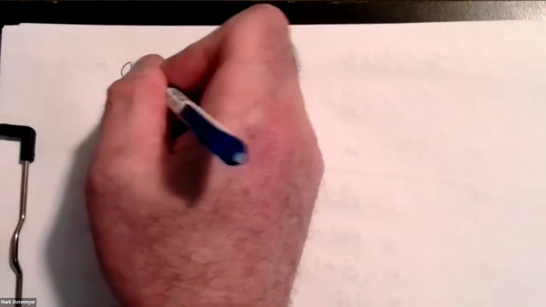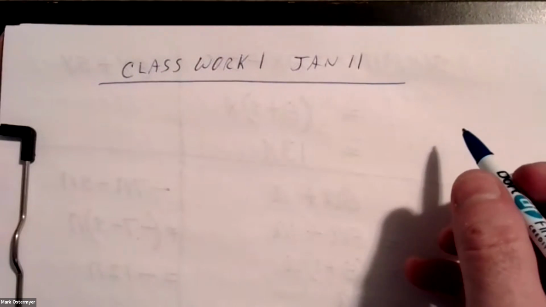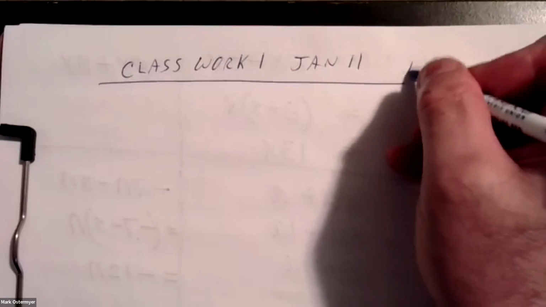So what I'm going to do is I'll give you classwork number 1, and you can turn this into me by midnight tonight. We'll call this classwork 1. Today is January 11th. Please put that at the top of your paper there. And then the subject line, when you email this to me, you would say, of course, what? Math 072.